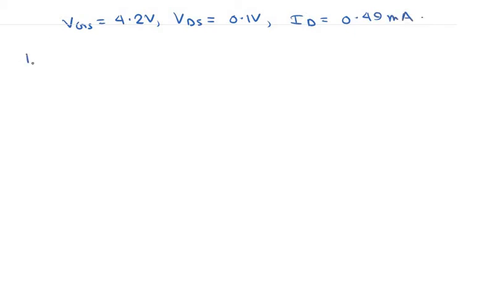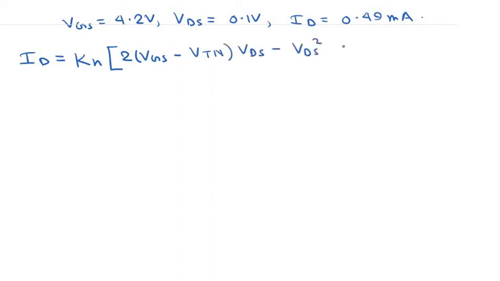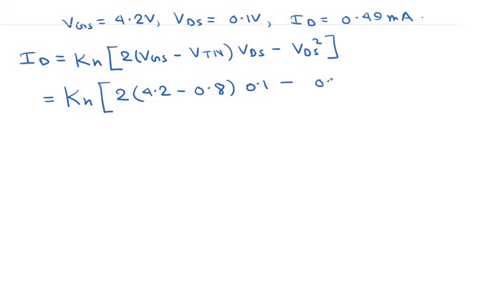Okay, so the equation of the triode regime of the MOSFET is ID equal to capital Kn times 2 times (VGS minus VTN) VDS minus VDS whole square. Okay, so this is equal to capital Kn times 2 times (4.2 minus 0.8 volts) into (0.1 minus 0.1 square).